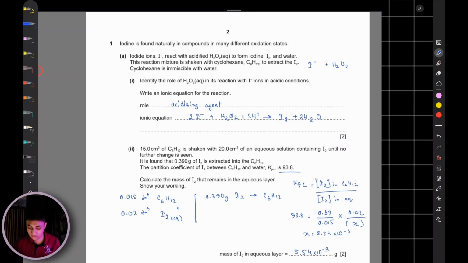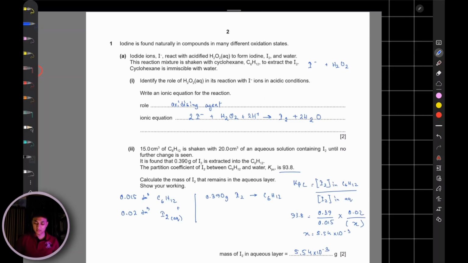This reaction mixture is shaken with cyclohexane to extract the iodine. Okay, cyclohexane is immiscible with water. Identify the role of H2O2 in this reaction with iodide ions in acidic conditions. Write an ionic equation for the reaction.